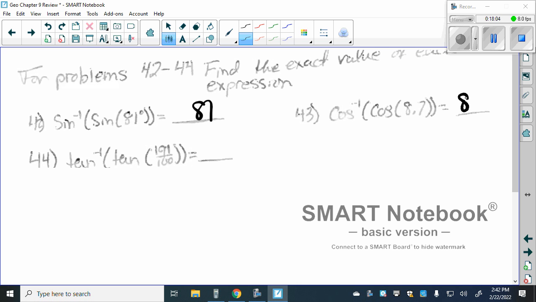For these here, most of the time, yes. Because as long as the angle that we have inside here is between negative 90 and 90 for sine, 0 to 180 for cosine, and negative 90 to 90 for tangent, then it works out quite well. Once we get outside of the range, it's a little bit more tricky. But all the ones that we'll be looking at are going to stay between 0 and 90.